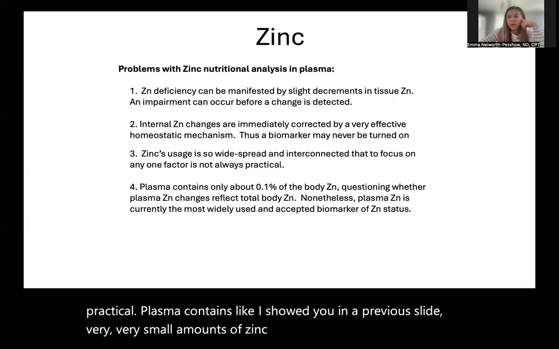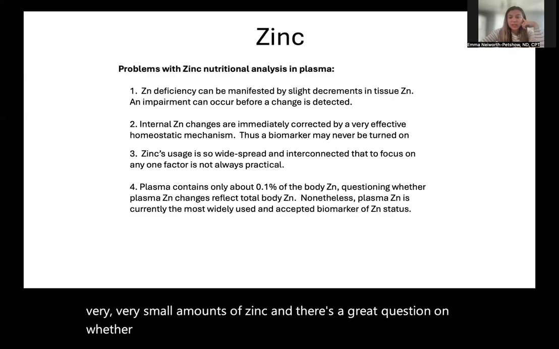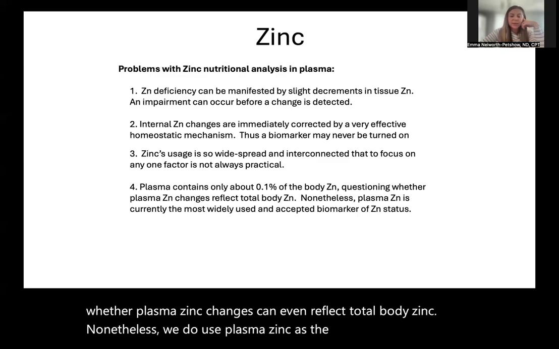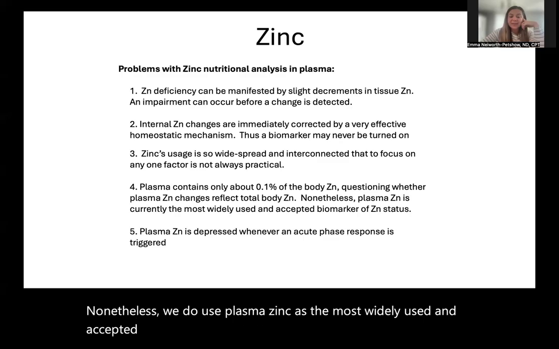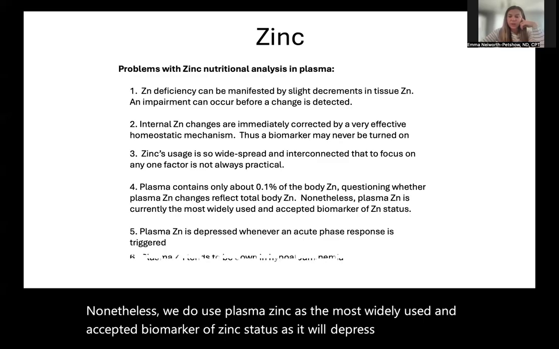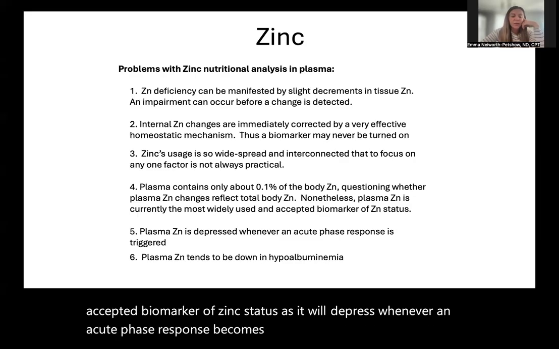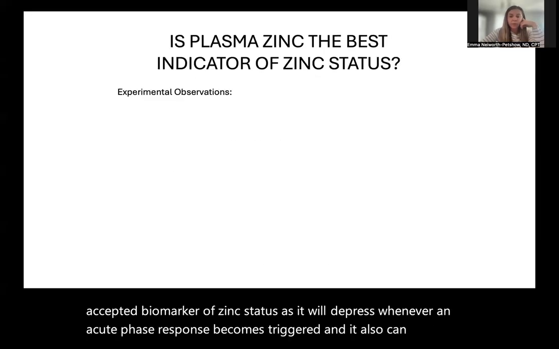And there's a great question on whether plasma zinc changes can even reflect total body zinc. Nonetheless, we do use plasma zinc as the most widely used and accepted biomarker of zinc status, as it will depress whenever an acute phase response becomes triggered. And it also can depress in hypoalbuminemia.